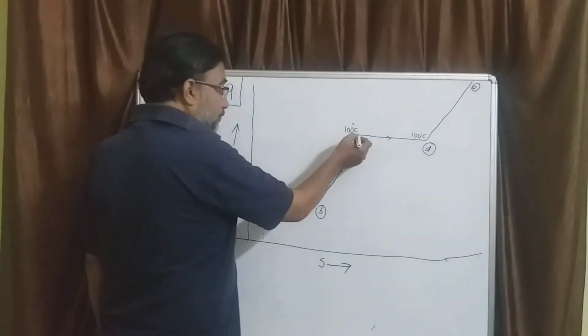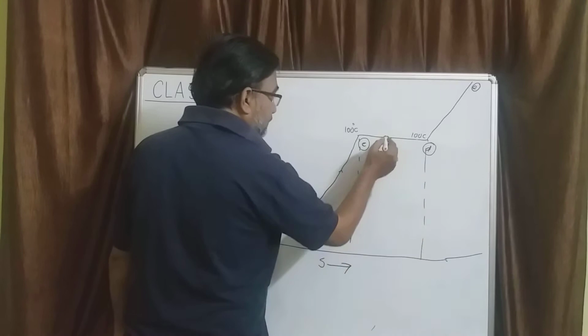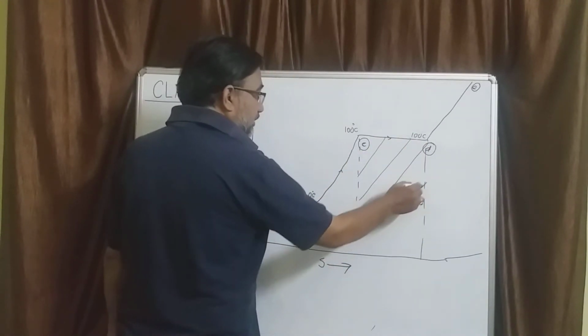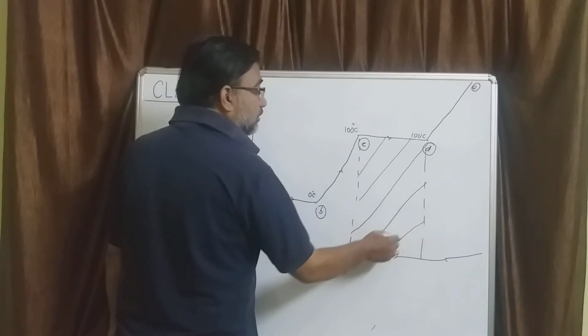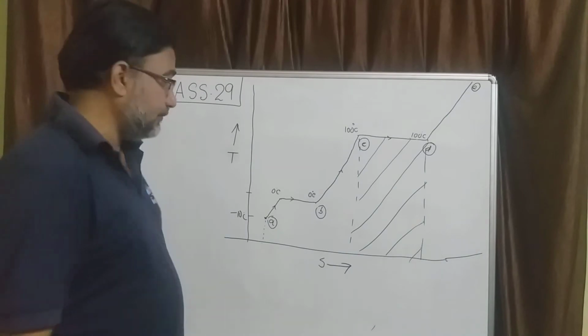So if I drop a perpendicular here and here, then this is the area under the vaporization line in the TS diagram, and that will give me the latent heat of vaporization.